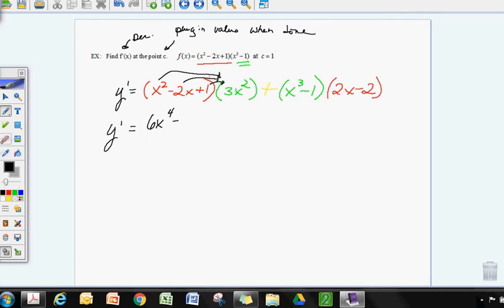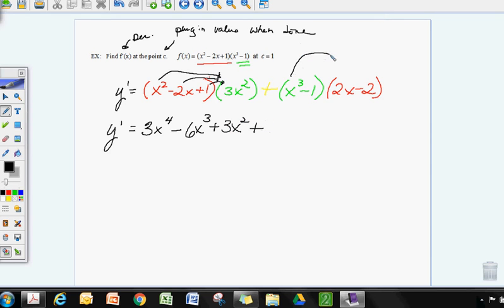So let's try this again. I'm doing half of my work right away. Erase, erase. Okay. x squared times 3x squared is 3x to the 4th power. Subtract 2 times 3 is 6x to the 3rd power plus 3x squared. Add it on to.